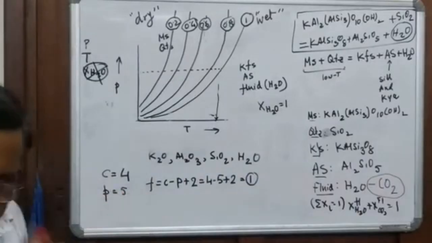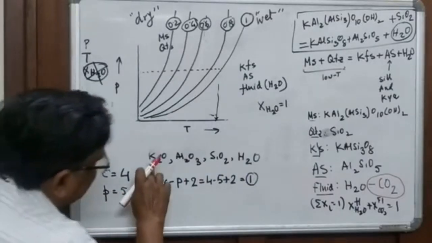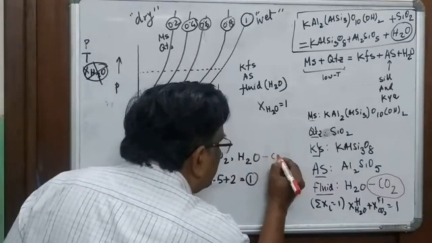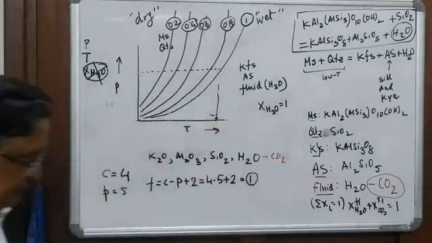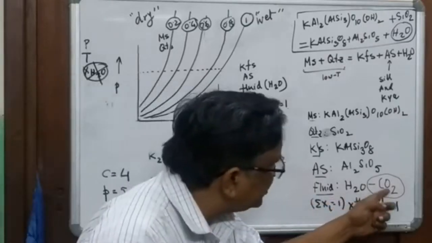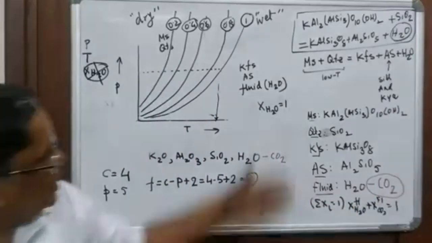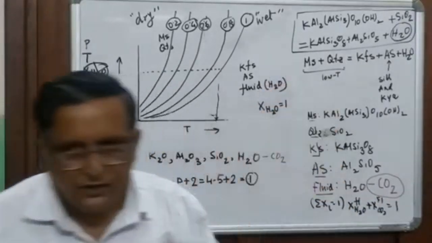In the binary system, my fluid, instead of this, you also need CO2. Yes or no? Because the system components have to describe this composition. Unless you have CO2, you cannot write for CO2, because CO2 does not occur anywhere else.